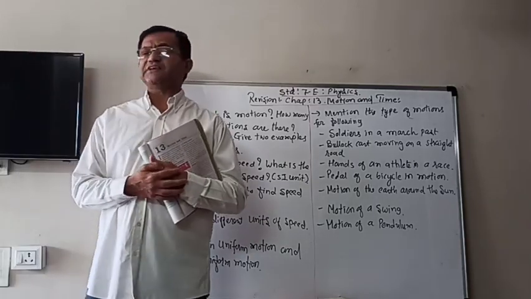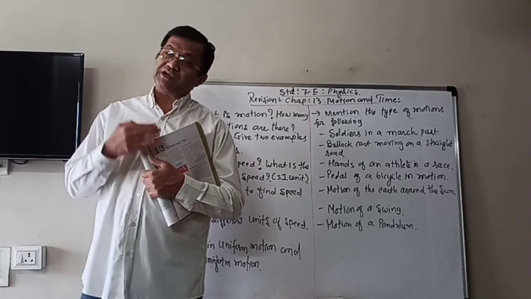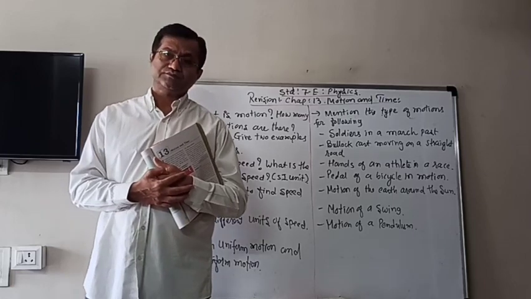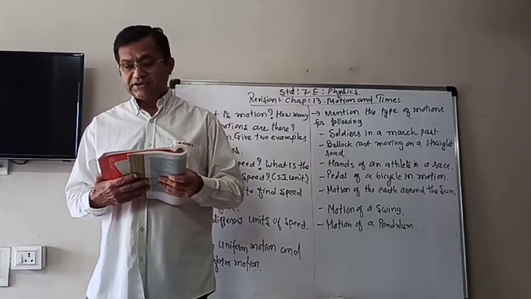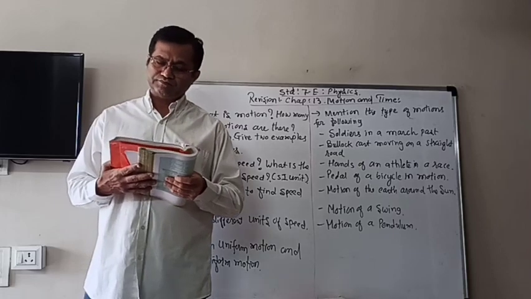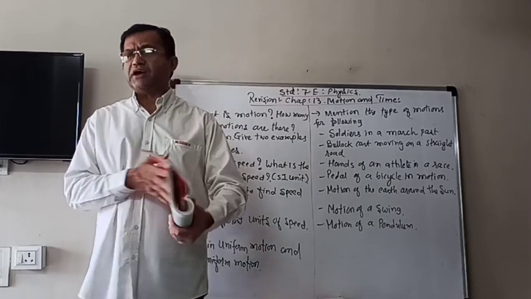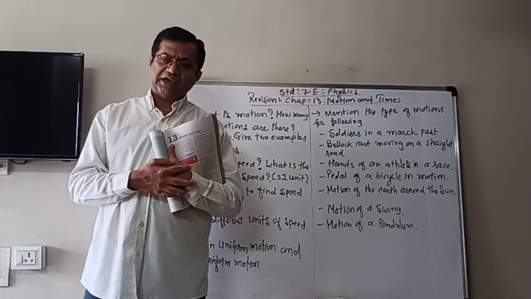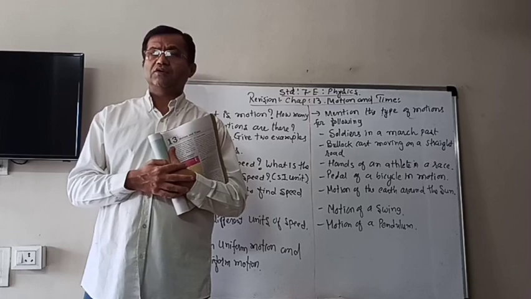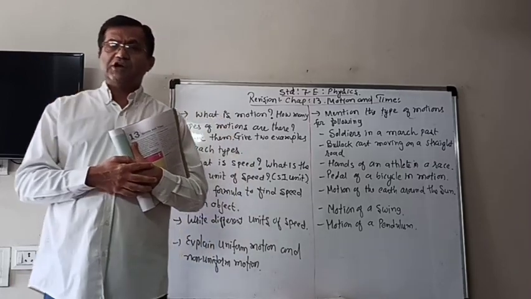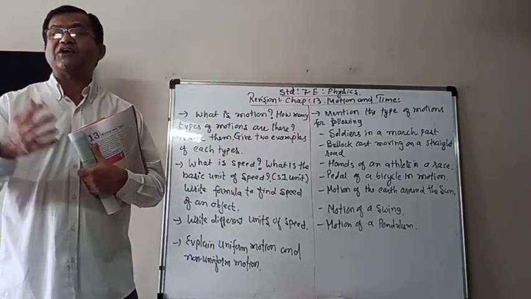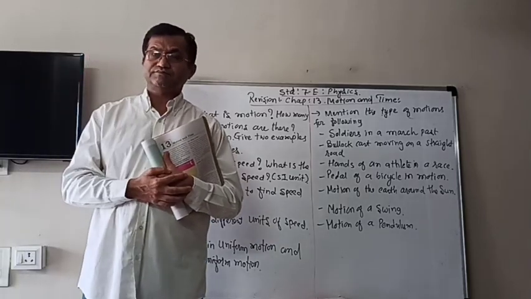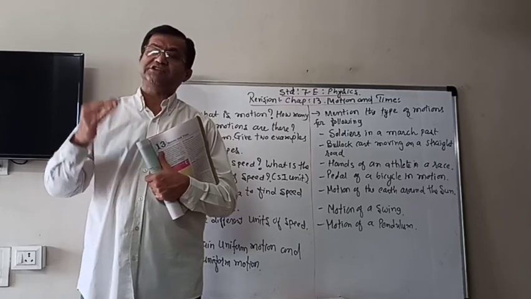On the road also we see that some vehicles are moving faster, some are very slow. How will you decide whether it is slow or fast? If a particular distance is given, then the object or vehicle which takes the least time is faster, and which takes the most time is very slow.